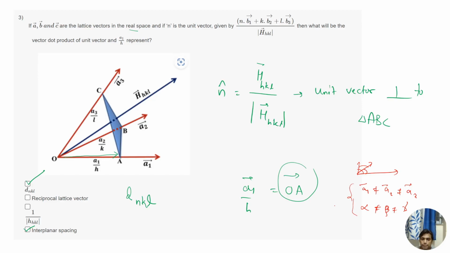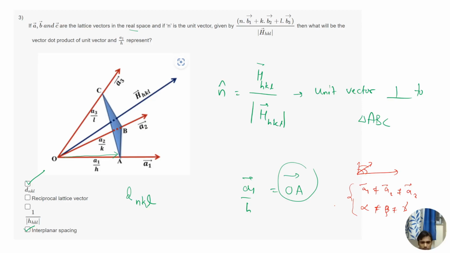Sir, when we say HKL divided by modulus of HKL, the vector HKL is nothing but the real space, and the modulus of HKL is in the other space? Is it right?